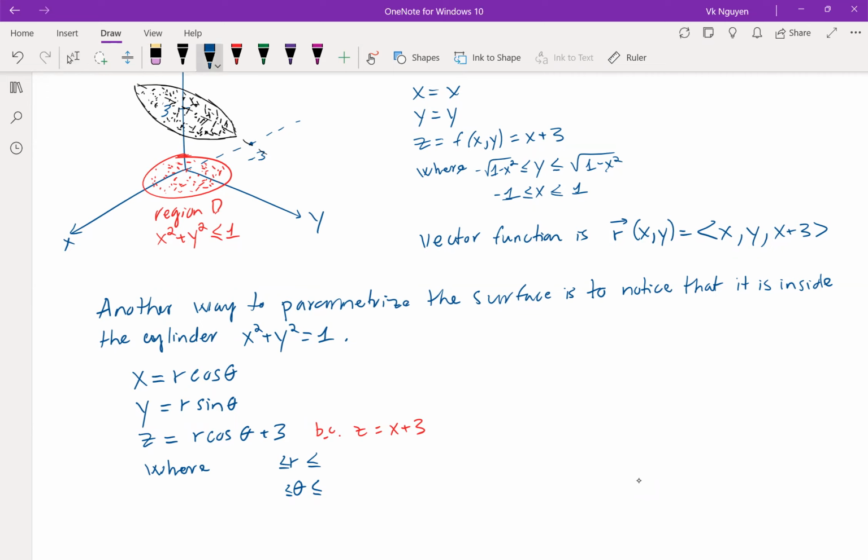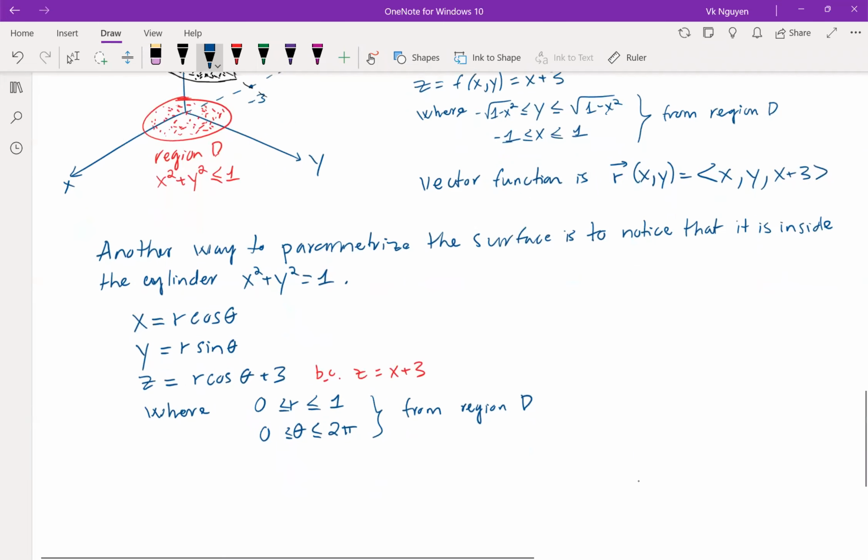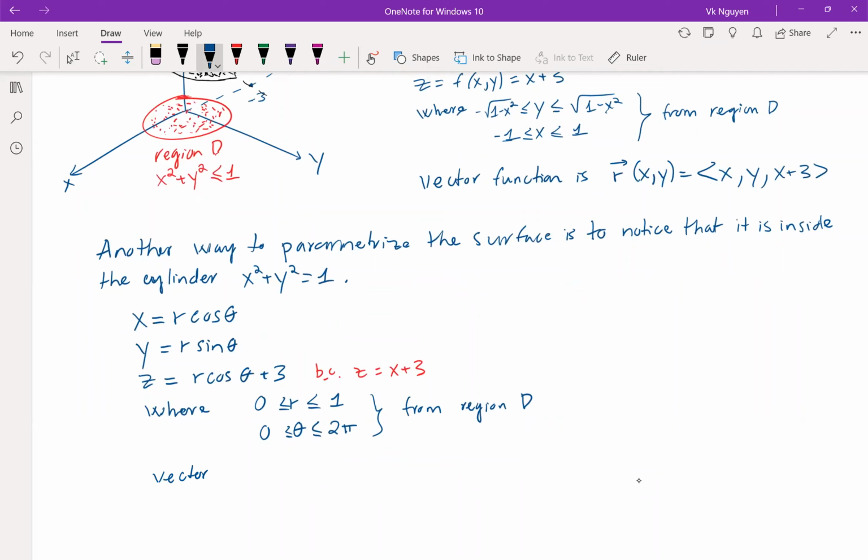The radius goes from 0 to 1, and the theta goes from 0 to 2 pi, from the region D. Here the vector function is the function in terms of r, theta, which is r cosine theta, r sine theta, and r cosine theta plus 3.